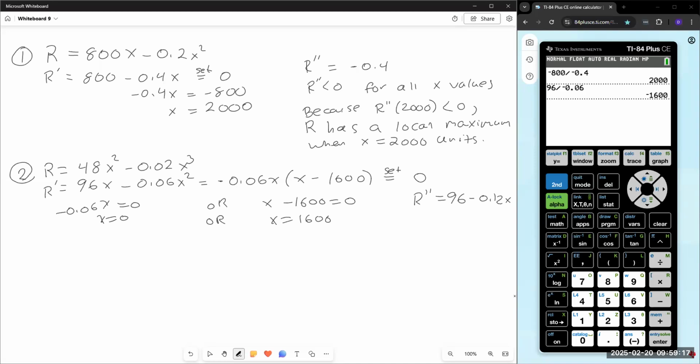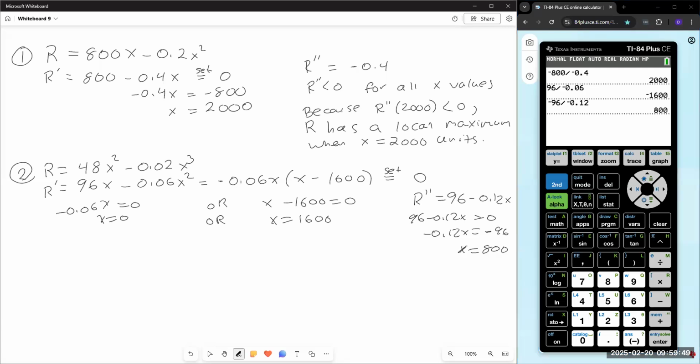Set that equal to 0. 96 minus 0.12x equals 0. Negative 0.12x equals negative 96. Negative 96 divided by negative 0.12 is 800.